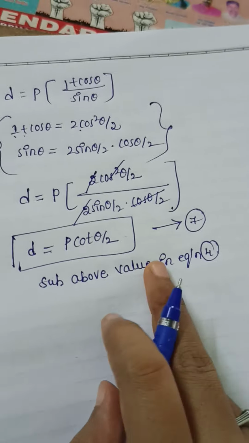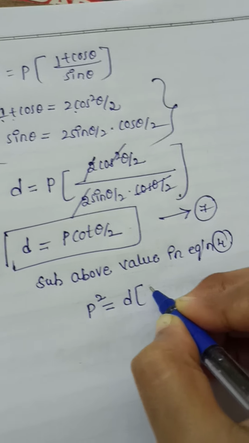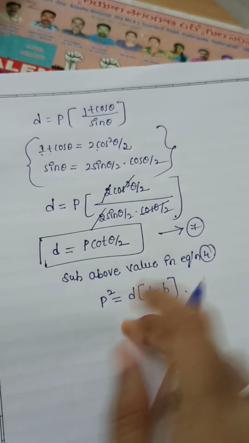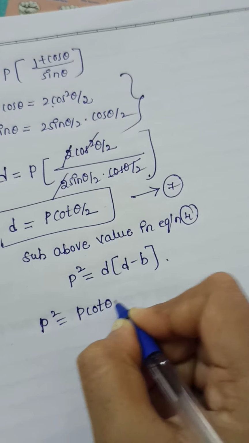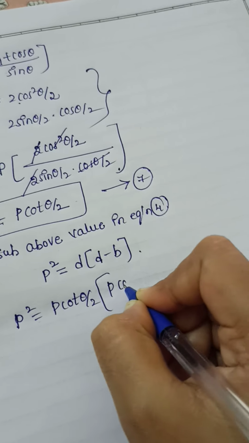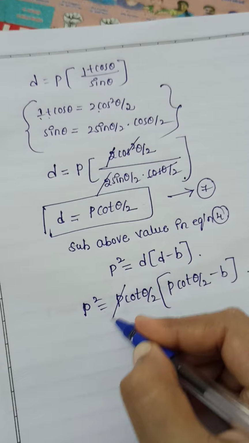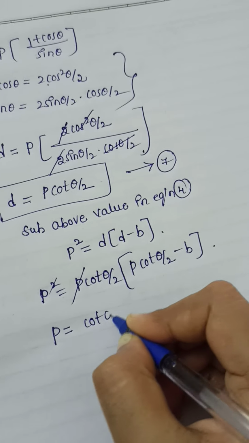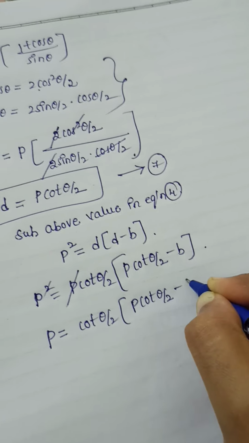Write down equation number 4: P square is equal to D into D minus B. Now substitute the value of D: P square is equal to P cot theta by 2 into P cot theta by 2 minus B. Here one P gets cancelled and P is equal to cot theta by 2 into P cot theta by 2 minus B.